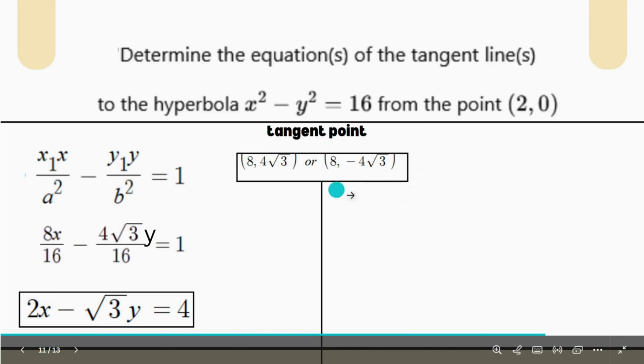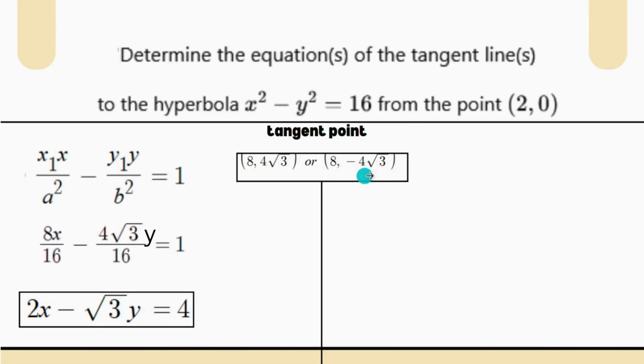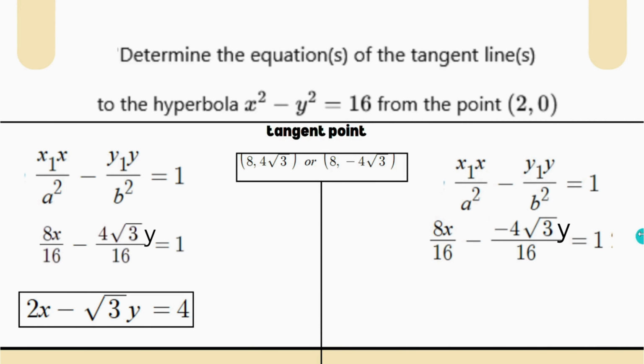And what about the tangent point (8, minus 4 root 3)? We do the same as before by substituting the tangent point into the equation of the tangent line. This is x1 and this is y1: 8x over 16 minus y times negative 4 root 3 over 16 equals 1.